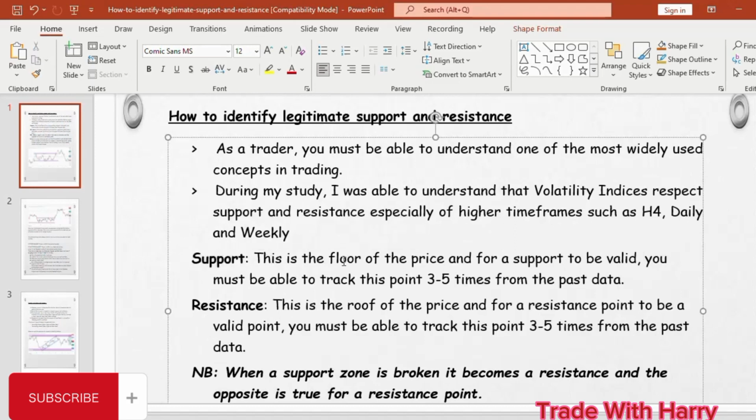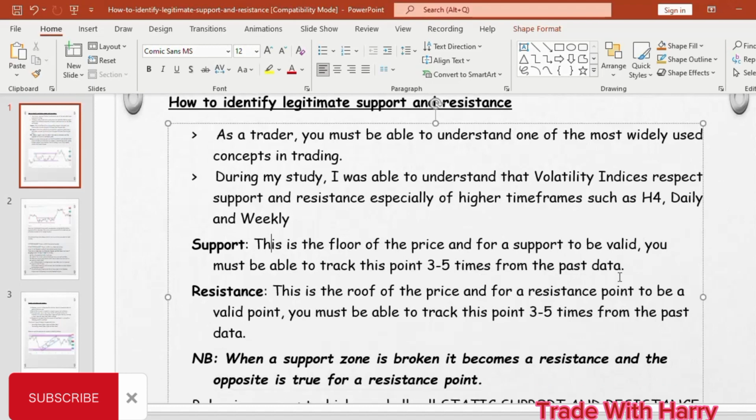So what is support? Support is the floor of the price, and for a support to be valid, you must be able to track this point 3 to 5 times from the past data.